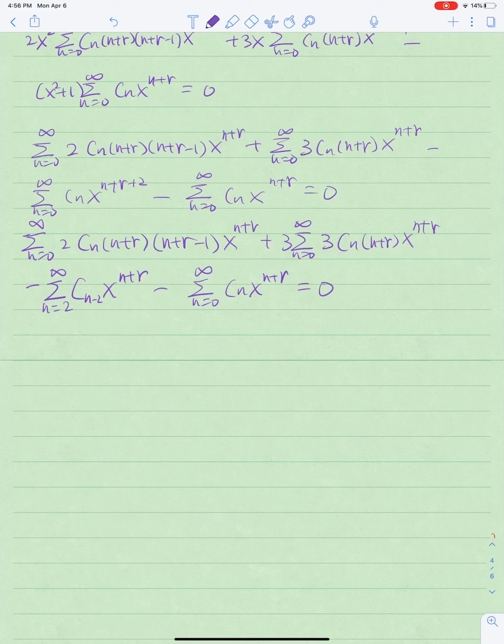So next, we are going to write out the terms corresponding to n equals 0 and n equals 1.